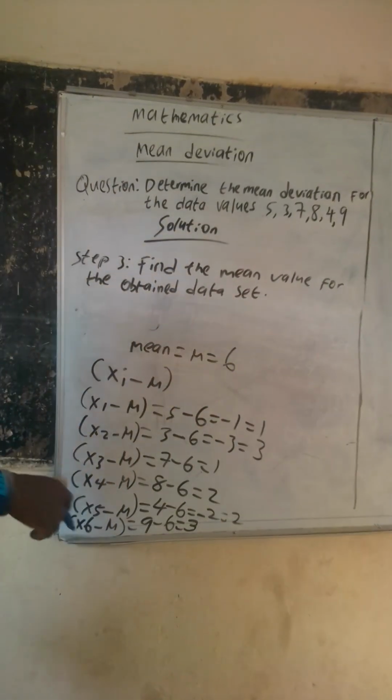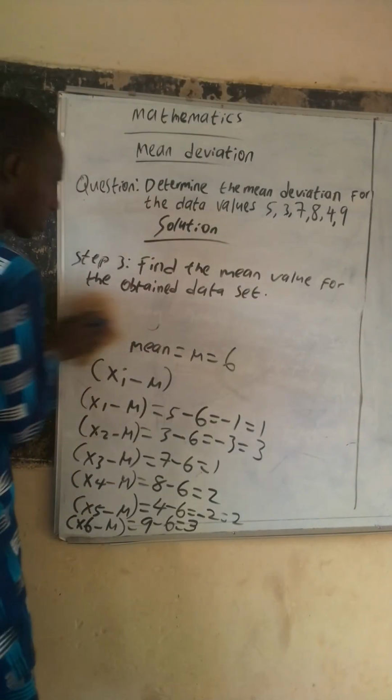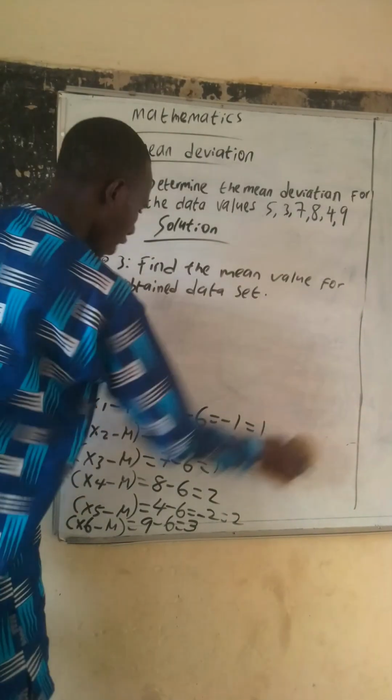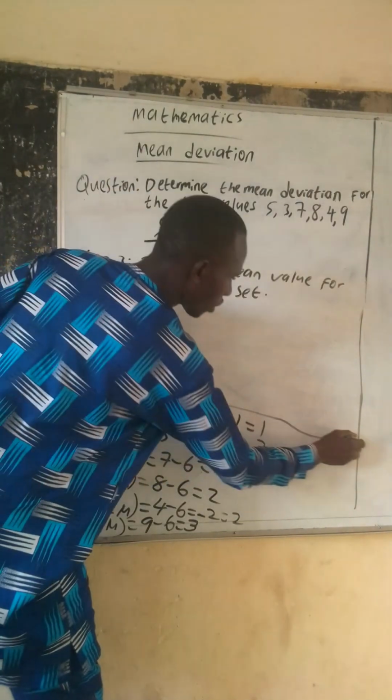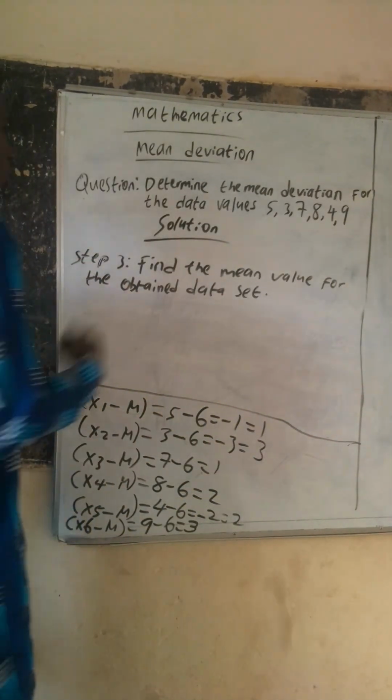Find the mean value for the obtained data set. Now let's find the mean value. We are going to use this one, so I'm not going to clean it.